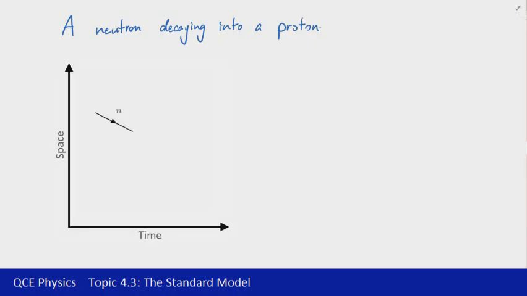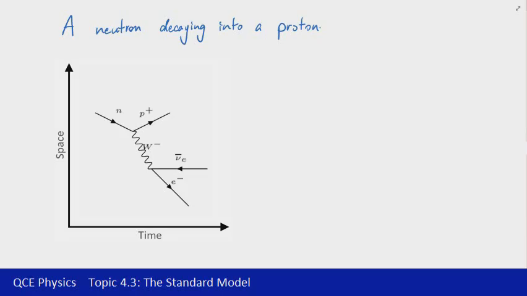Note that we don't have any other particles interacting here because the neutron is decaying. We know that a proton is produced, so we can draw that in. Notice now that the charge needs to be balanced, and so the boson that will be mediating this interaction is going to be the W negative. So that will balance the charge from the proton. And then from the W negative boson, we'll also see the production of the electron and the electron antineutrino.